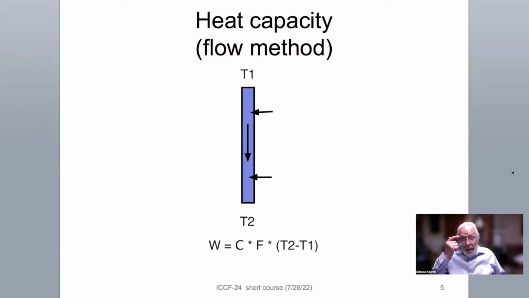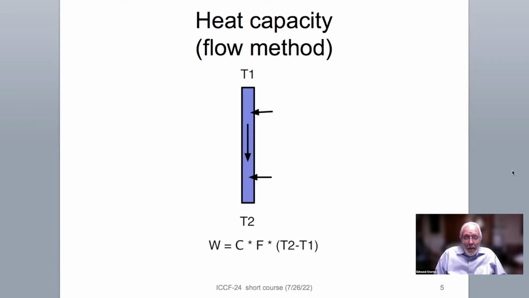Another technique uses the heat capacity of a material. This is called the flow method. Here, a fluid, usually water, is caused to pass through a pipe, and the heat is caused to pass into the pipe, causing the temperature of the fluid to increase.